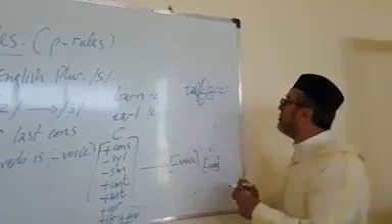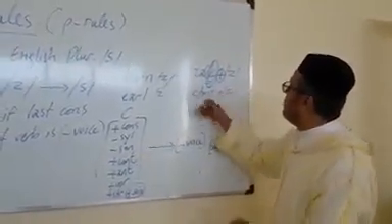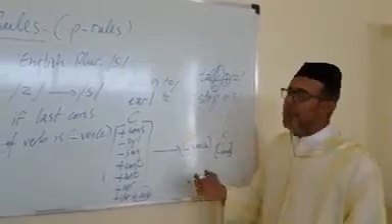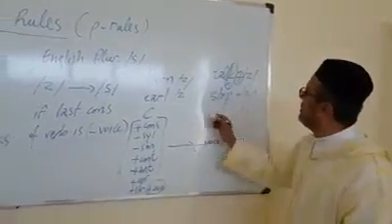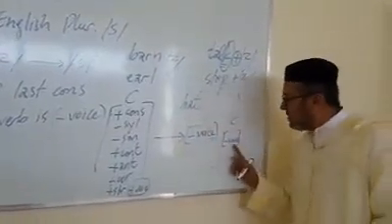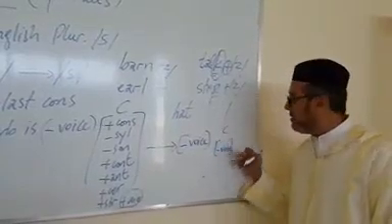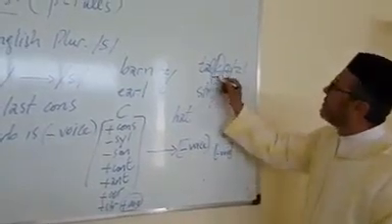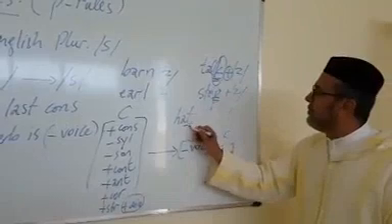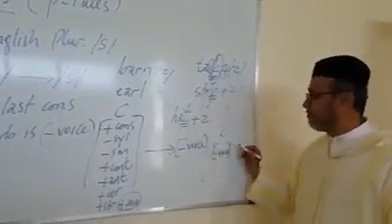It could be k, it could be p, it could be t, etc. So it's minus voice. That's the common thing that these consonants have. These are the voiceless consonants.